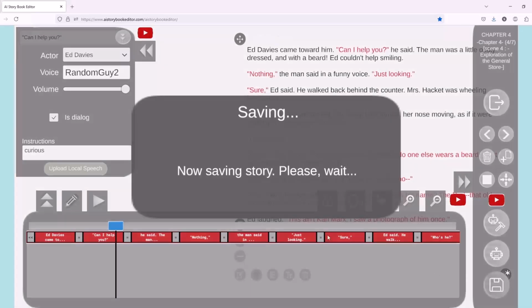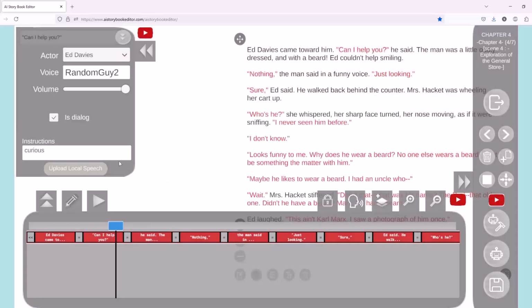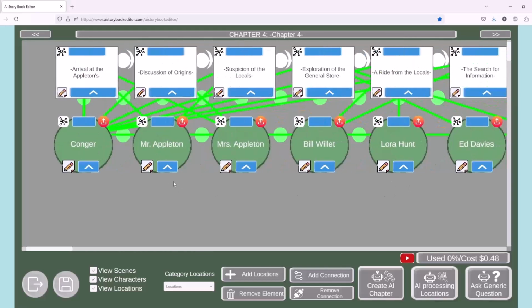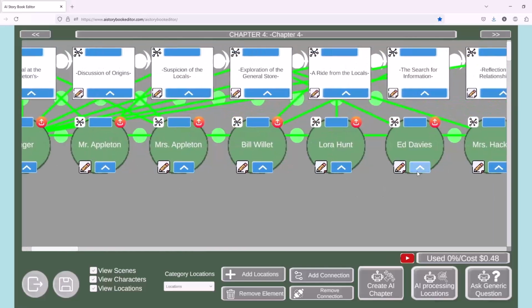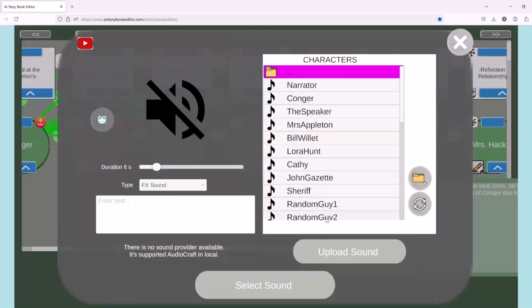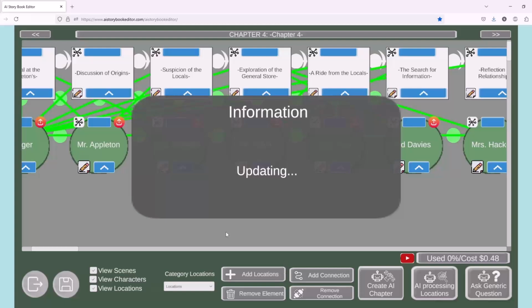Okay. Since we have used a random guy for Mr. Appleton, I think that we are going to change the assignation of the character to random guy 1.